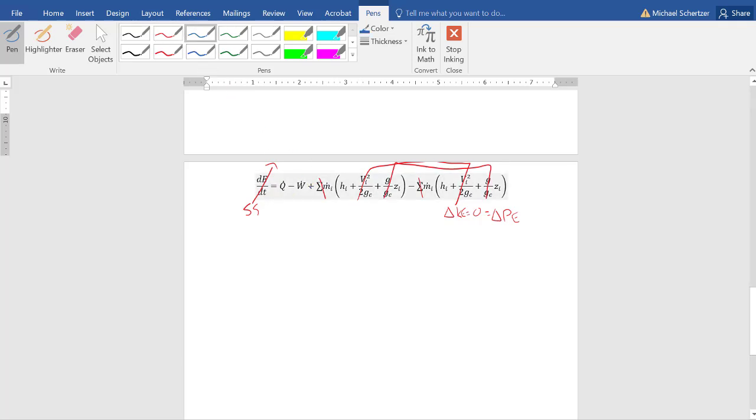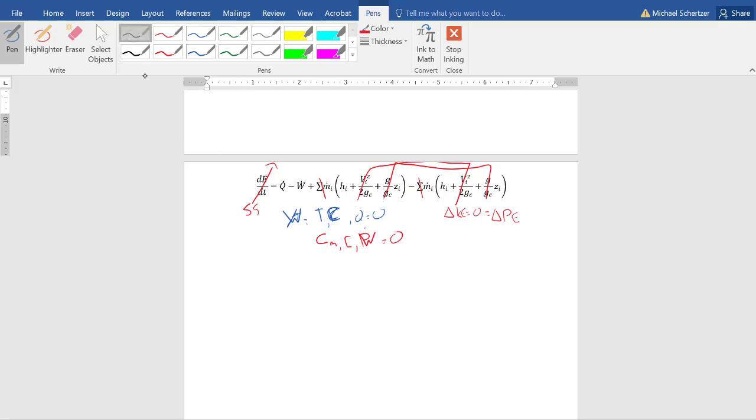Then depending on the component, for the turbine and the compressor, which we'll call C, they're going to be adiabatic, so Q dot will be 0. But for the heat exchangers, the combustor, which I'll call CM, and the environment, which is the other heat exchanger, we're going to assume those are passive, so W dot is equal to 0.